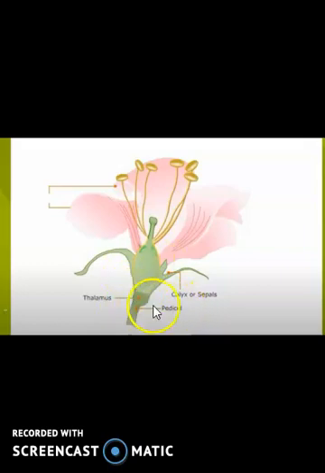Over the pedicel, the green swollen part is the thalamus. The whole of five or more green leaf-like structures is the calyx together, and each unit is a sepal. Above this, the colorful part, consisting of leaf-like structures in different bright colors, is the corolla. It consists of the petals.